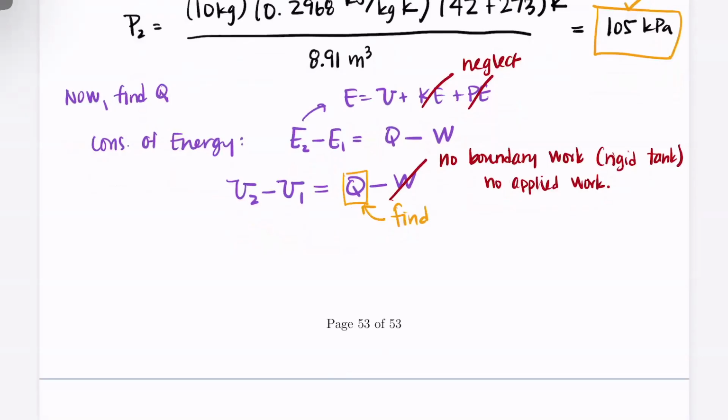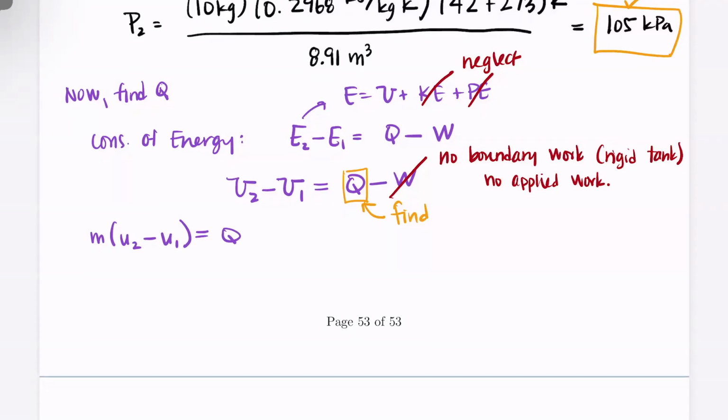All right. So I am going to write my left-hand side broken out. So I have mass times my specific internal energy at 2 minus my specific internal energy at 1 is equal to Q. All right.